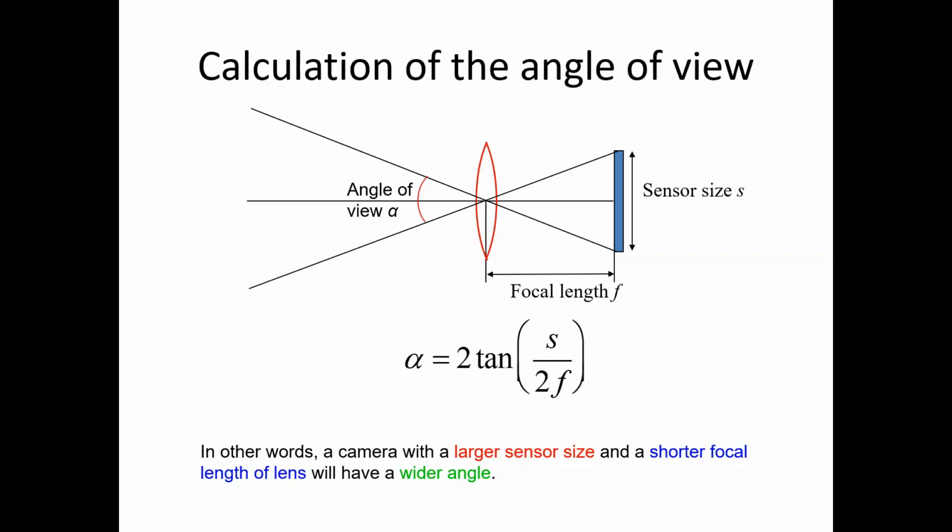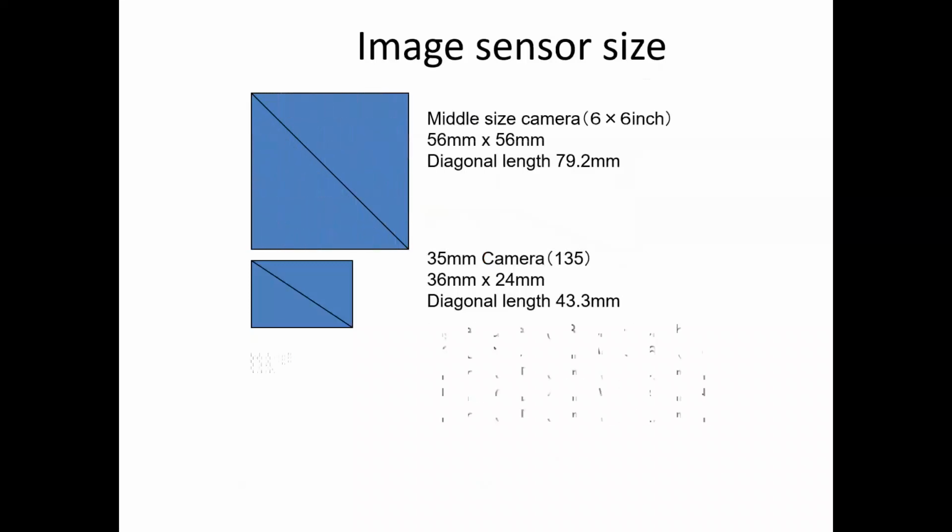Maybe this one is good, but its sensor size is 1 inch, and this one is good, but its size is 0.5 inch, so it depends. If I use this one, I have to prepare this lens. It's very complicated, too much, and kind of confusing.